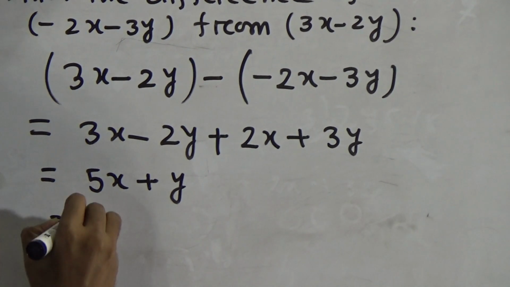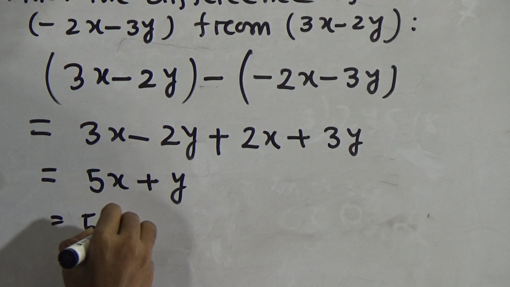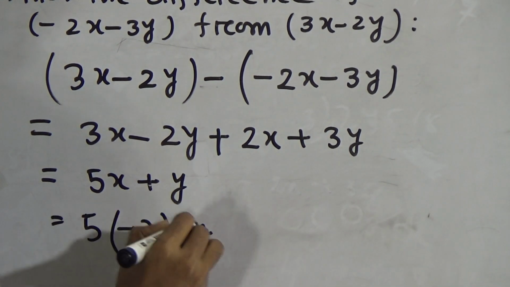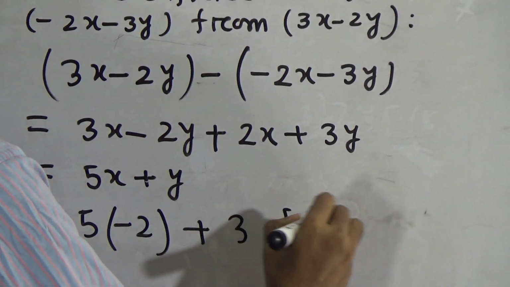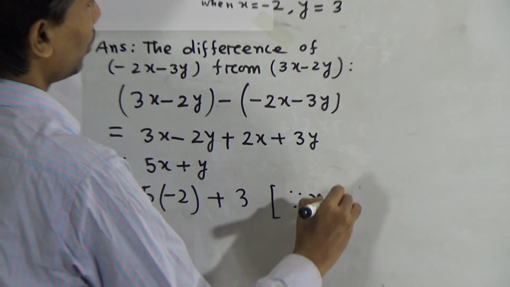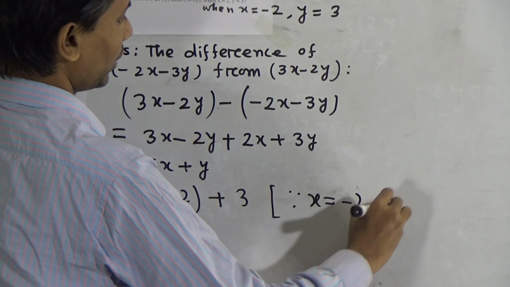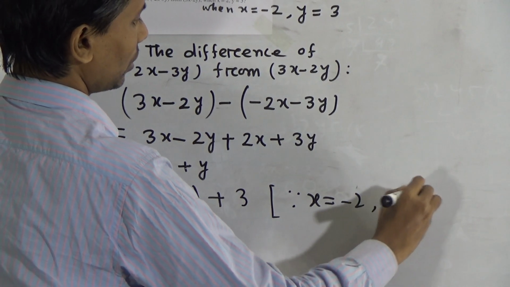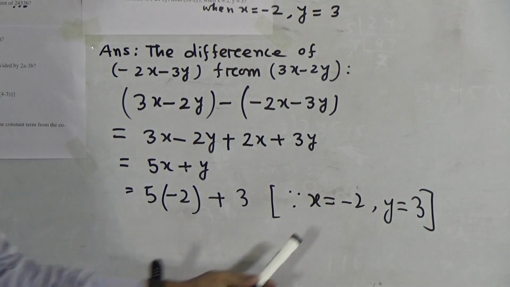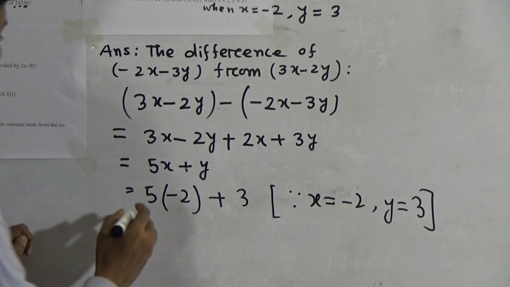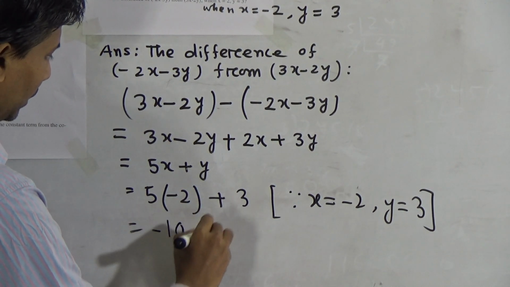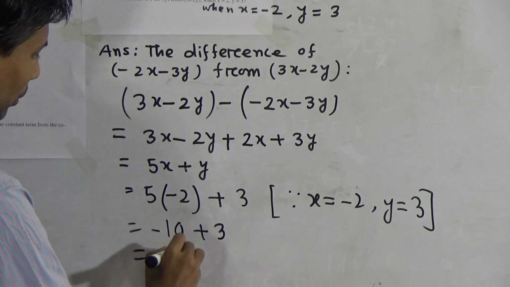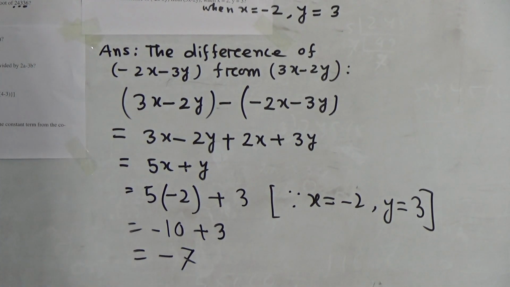Put here minus 2 plus this plus y equal to 3. Now 5 2s are 10, plus minus minus plus 3 3. Now calculate, then we get 7. So minus 7 is the required answer.